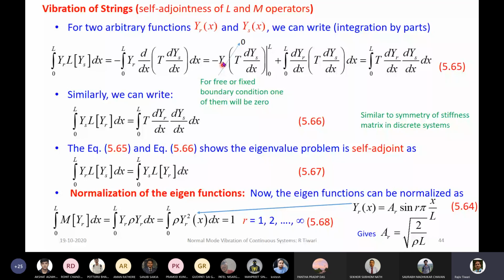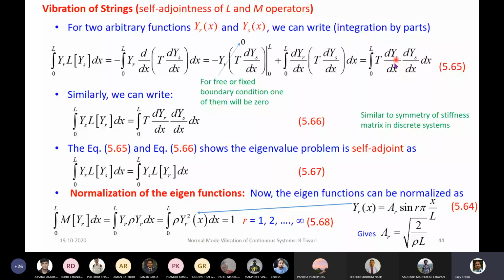And at the free end, x equal to L, this particular quantity will be 0, that is the tension in the cable. Or if we take the fixed case, then both ends will have 0 displacement, so it will also be 0. So for all simple boundary conditions, this becomes 0. So we can express it like this, with dyr/dx and dys/dx.